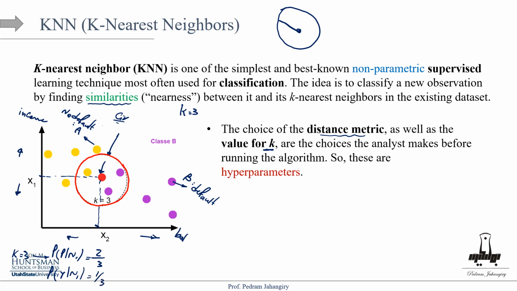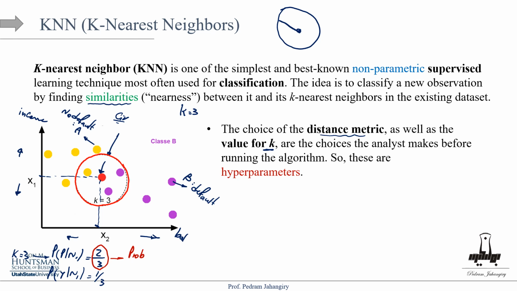The model looks at these probabilities and assigns the class with the highest conditional probability. So the red observation is classified as purple. As you can see, the outcomes of KNN classifications are probabilities. So KNN, just like logistic regression, is another probabilistic model.